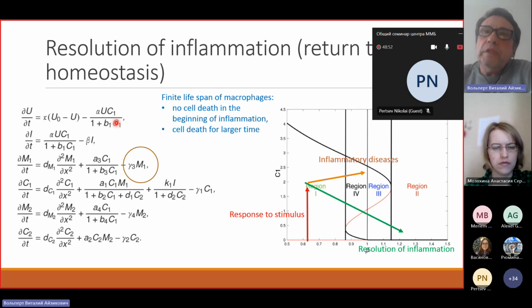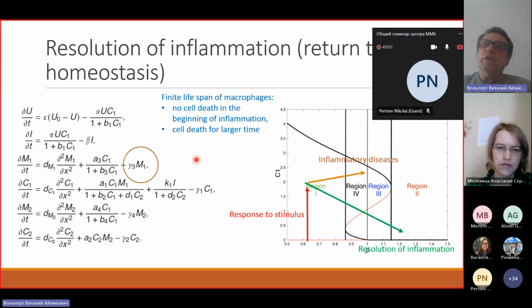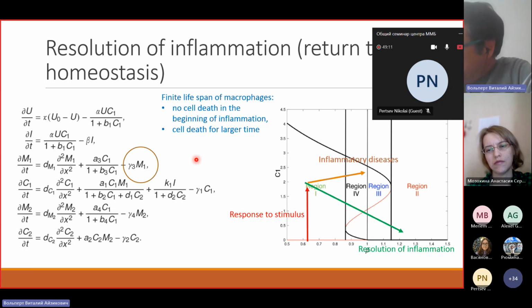And again, I will use exactly this model of generic inflammation we just introduced before. And in this model of generic inflammation, we have a very important participant, this M1, these pro-inflammatory cytokines. So what happens, in fact, when inflammation begins? For example, we can think about viral infection or some other disease.